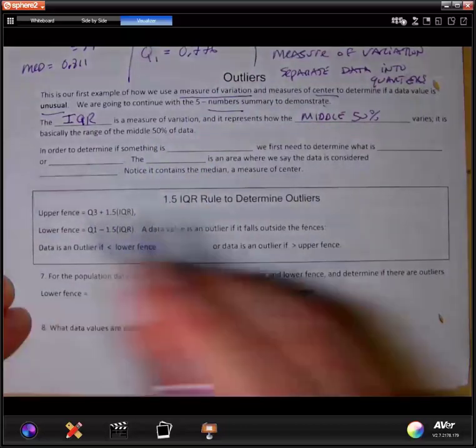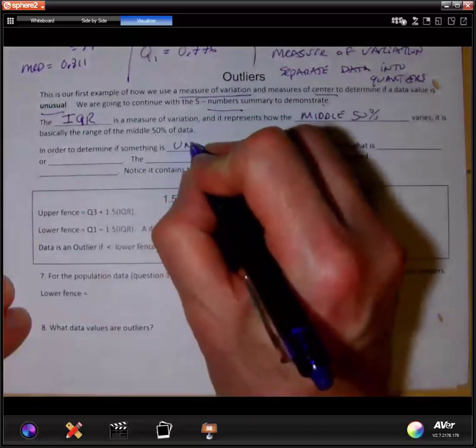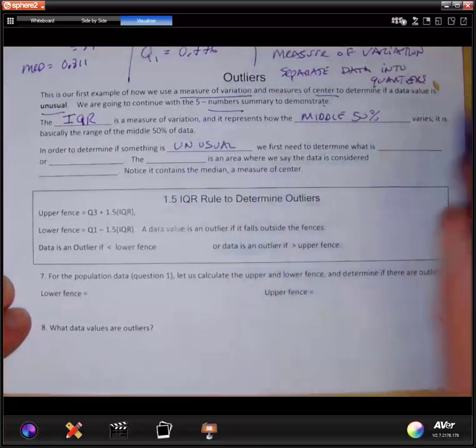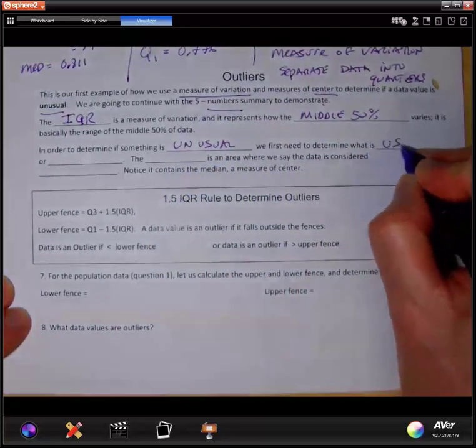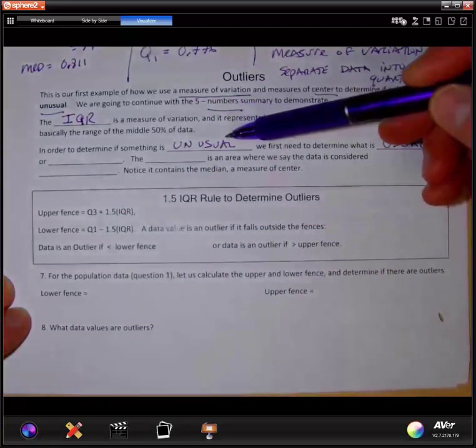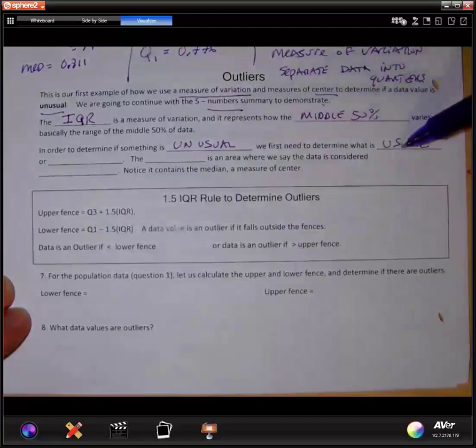In order to determine if something is unusual, so this is a philosophical thing, we need to first determine what is usual. To figure out what's unusual, we need to determine what is usual or common.